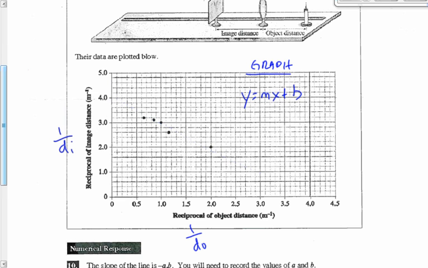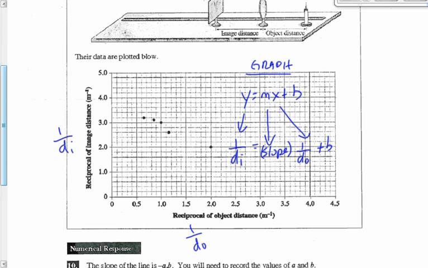The y variable is 1 over di. Not di, but 1 over di. m is the slope. The x variable is 1 over do. And you know what? Usually we kind of wait to put the y-intercept in there until we see the other equation has a y-intercept, but clearly there's going to be a y-intercept in this one.